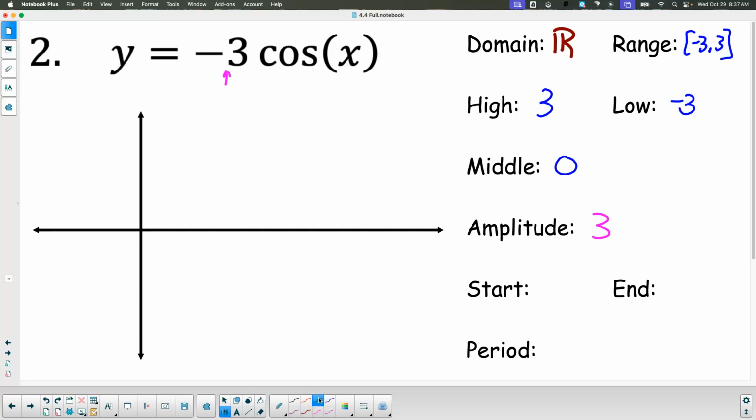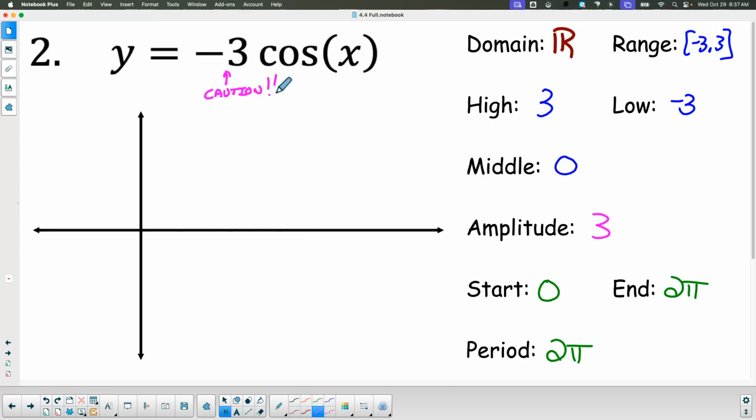Start, end, and period all stay the same for now. We'll tweak that tomorrow. The negativeness now flips it over.